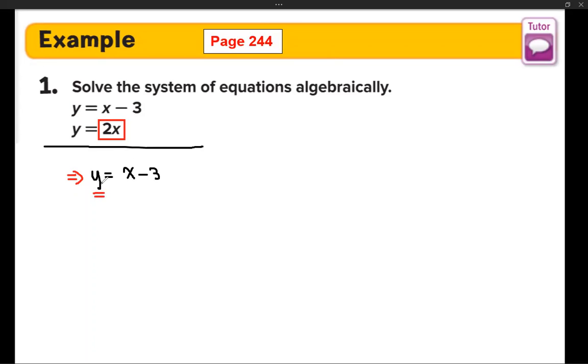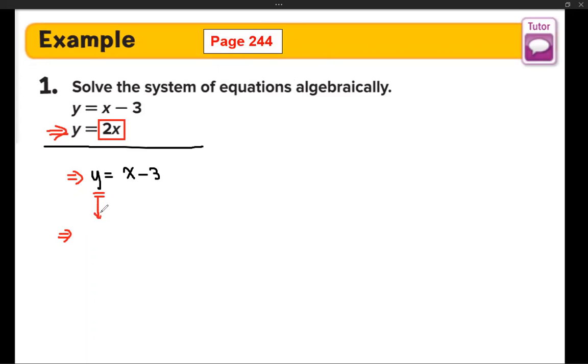How much is y in this equation? We can see that the second equation here gives us the value for y. It gives us that y equals 2 times x. So we need now to rewrite the equation again, the first equation, but this time instead of writing y, what should we write here?